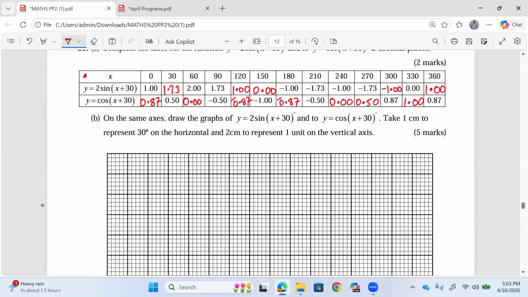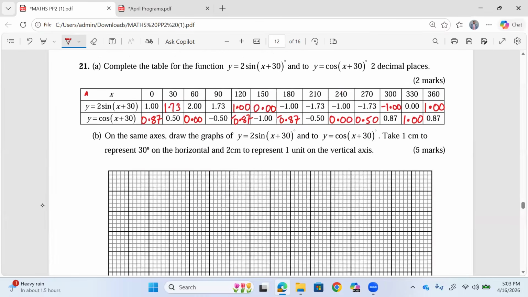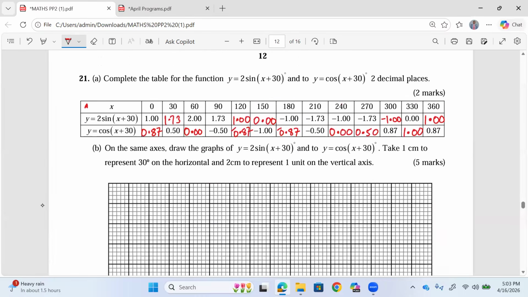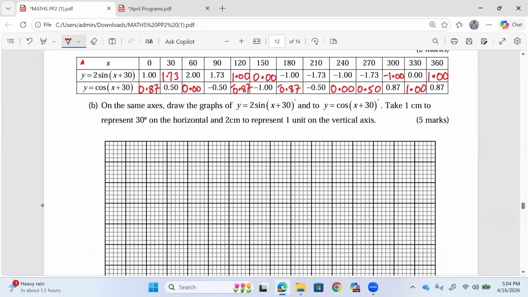Then the other marks will come from plotting. So now in our plotting, ladies and gentlemen, we are told that on the same axis, draw the graph of y equals sine of x plus 30 and also y equals cosine of x plus 30.